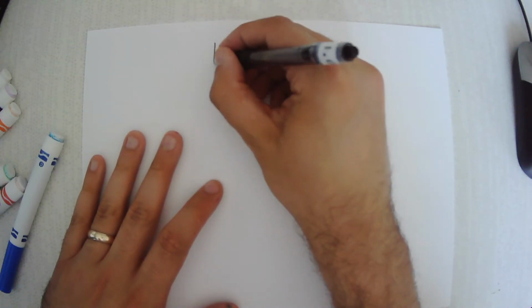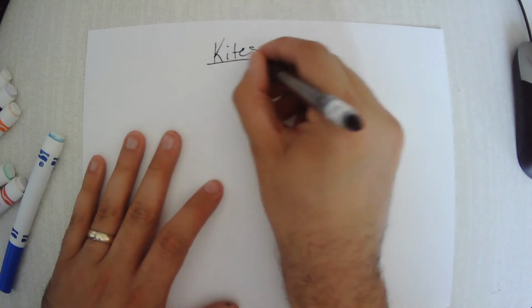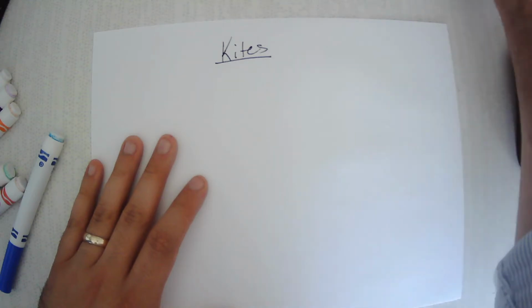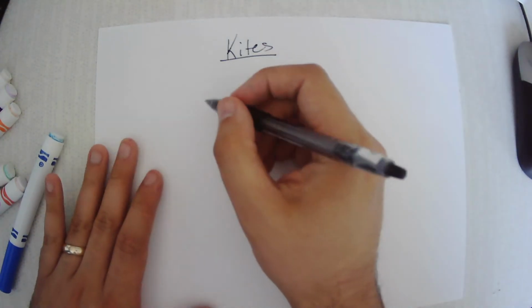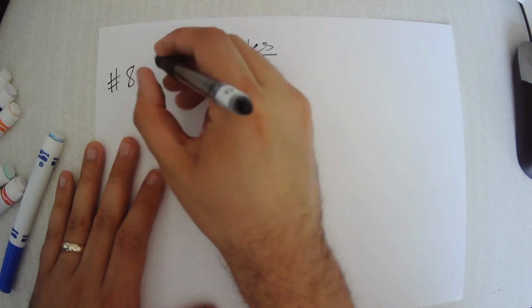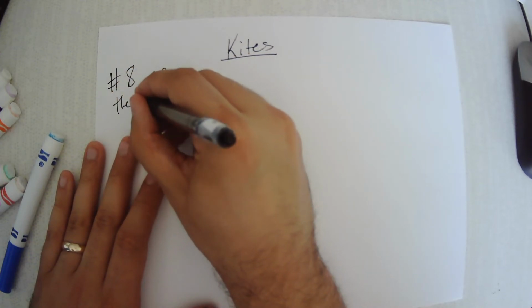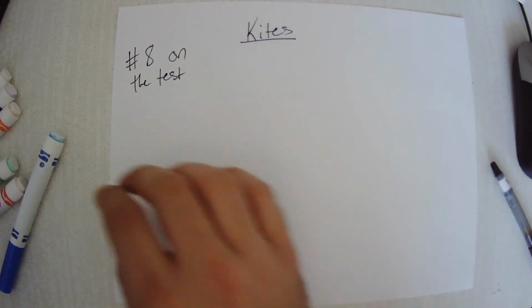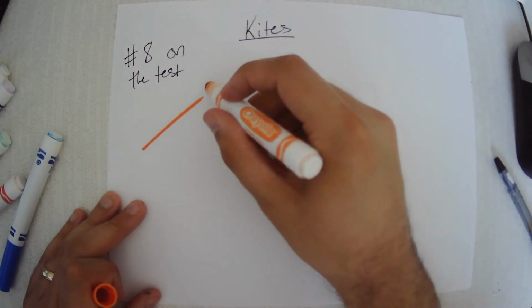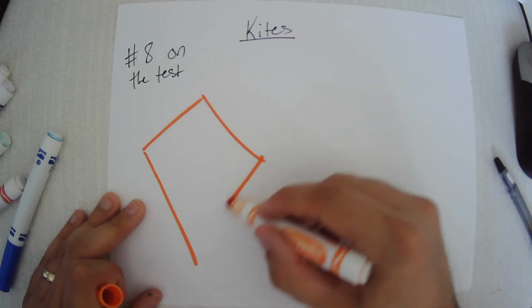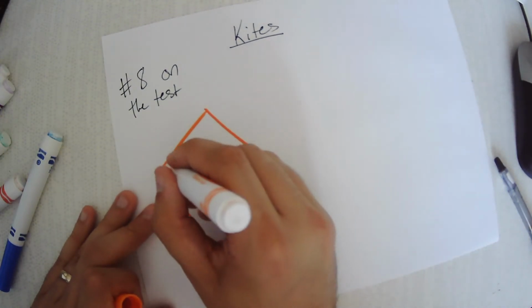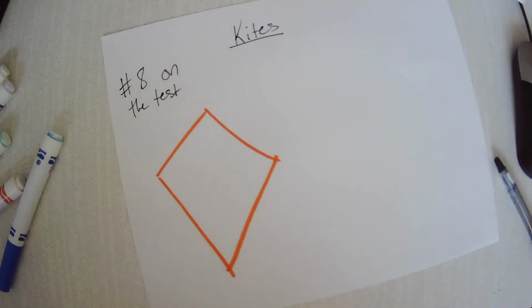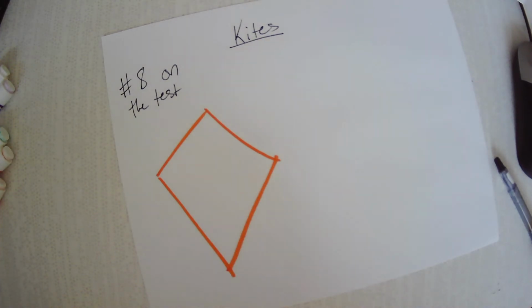So, kites. I'm going to do number 8 on the test. Pretty straightforward. It looks something like this. We really didn't spend a lot of time on kites.